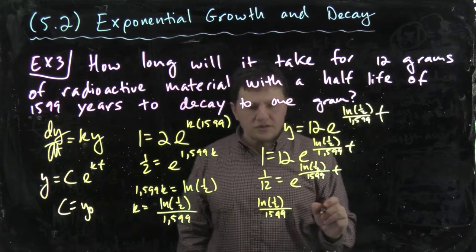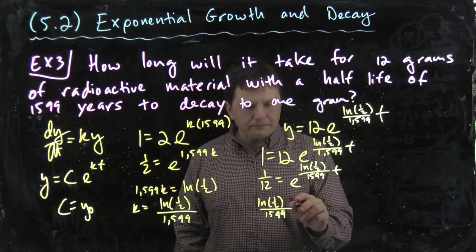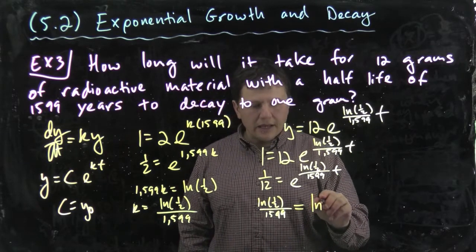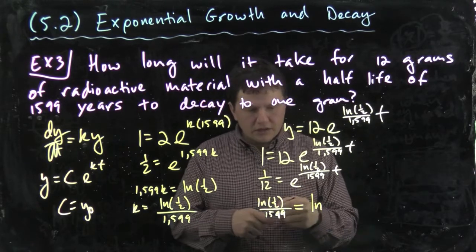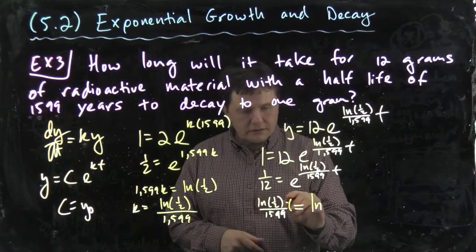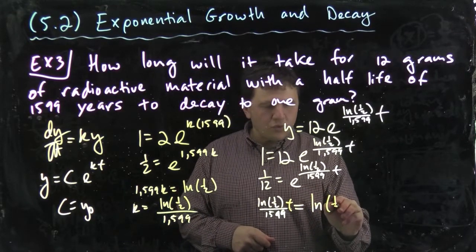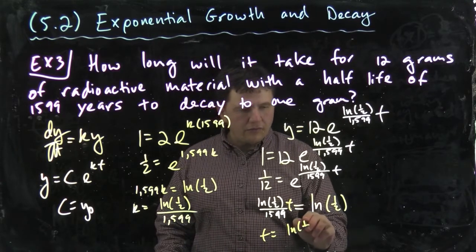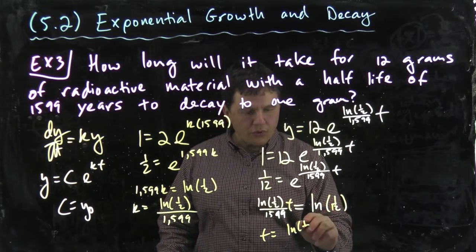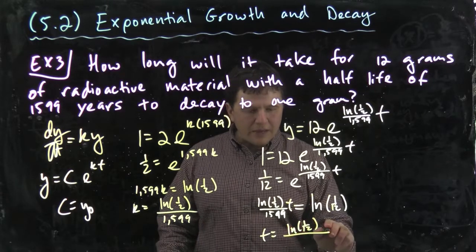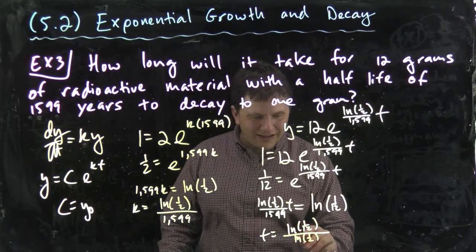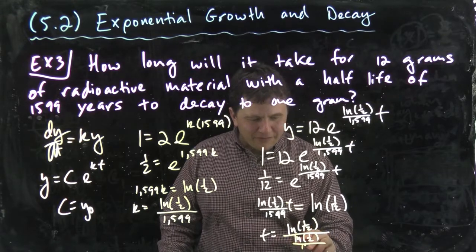Just make sure you store this on your calculator. So this is going to be equal to ln, actually I've lost my t, ln of 1/12. So t is equal to ln of 1/12 divided by our k, which is, I should have stored this. It would have been easier for sure.